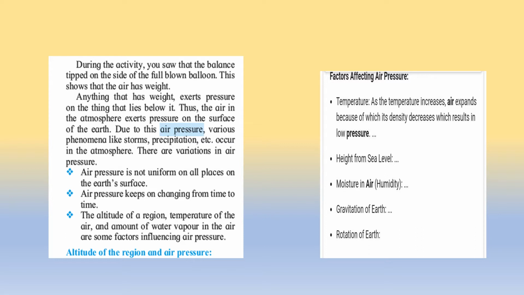The first and most important, which are interrelated to each other, are temperature and pressure. Another important factor changes from time to time. The altitude of the region, the temperature of the air and the amount of water vapor in the air are some of the factors that influence the air pressure.